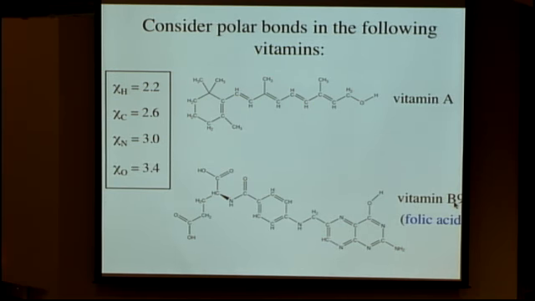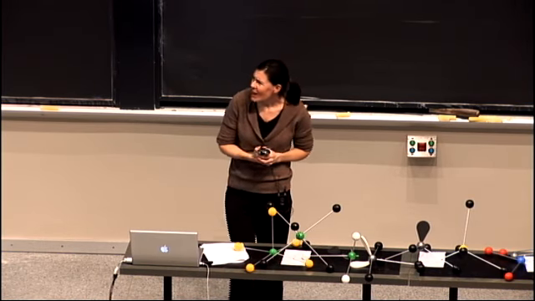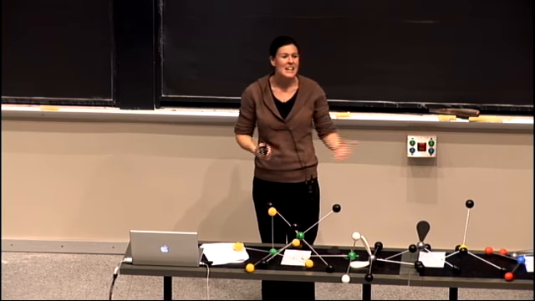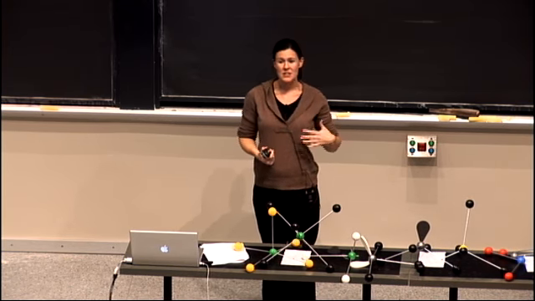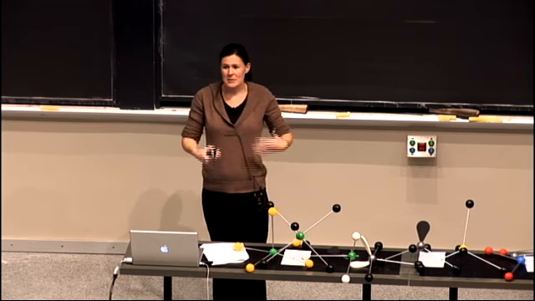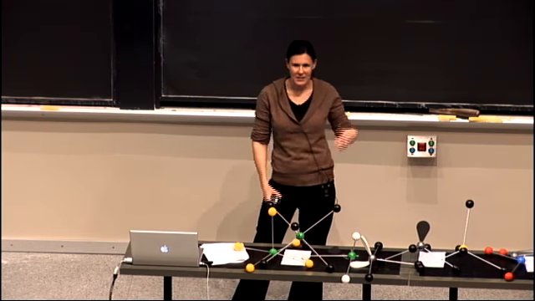Hopefully you're all very familiar with folic acid because it's an important vitamin to take, especially if you're a woman, especially if there's any chance you might become pregnant in any kind of near future time, by accident or on purpose. The reason for this is that folic acid deficiency in pregnant women leads to neural tube defects in babies. Your brain develops very early in pregnancy, the brain of an embryo.